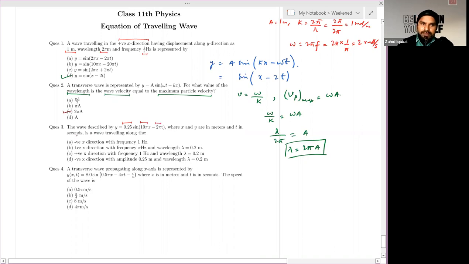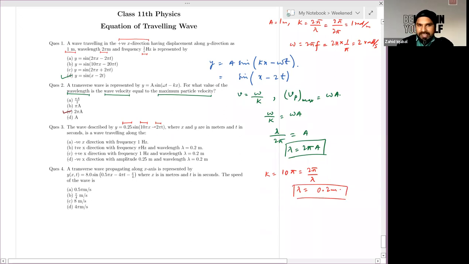We have to calculate speed of wave, frequency, direction of propagation, and wavelength. So from this part, we have k equal to 10 pi, which is also equal to 2 pi by lambda. So lambda will be equal to 1 by 5 meter or simply 0.2 meter.